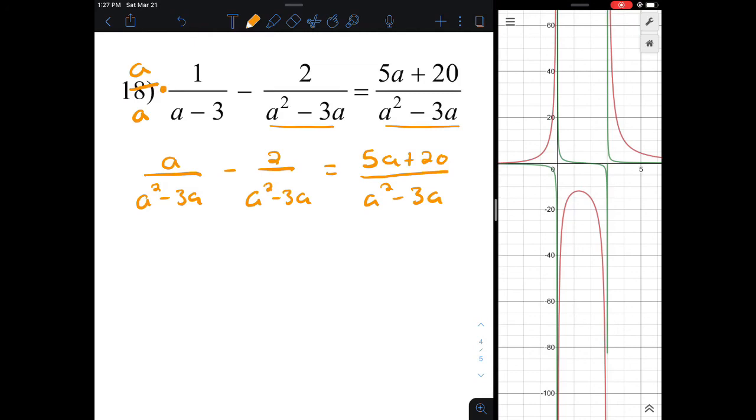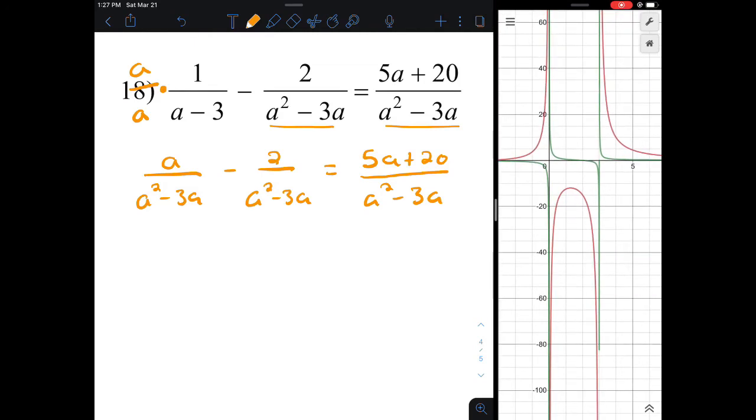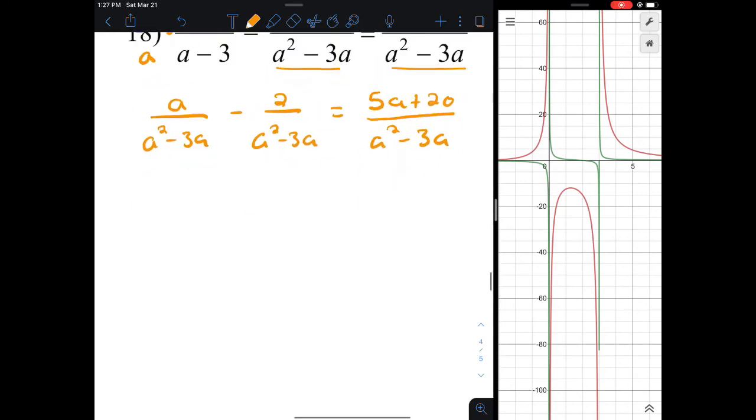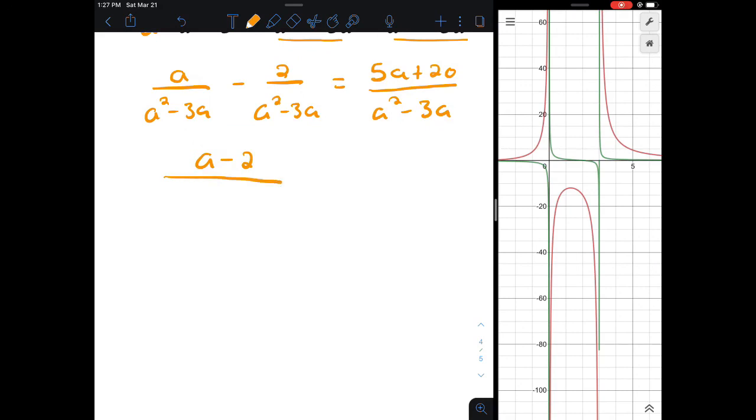And say, okay, well, we have common denominators everywhere. Now let's put the two functions together. So I do that, I'd have a minus 2 divided by a squared minus 3a equals 5a plus 20 divided by a squared minus 3a.